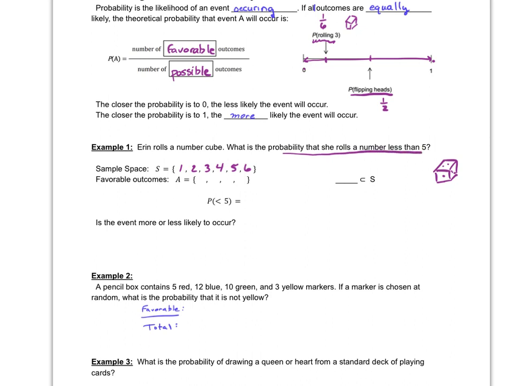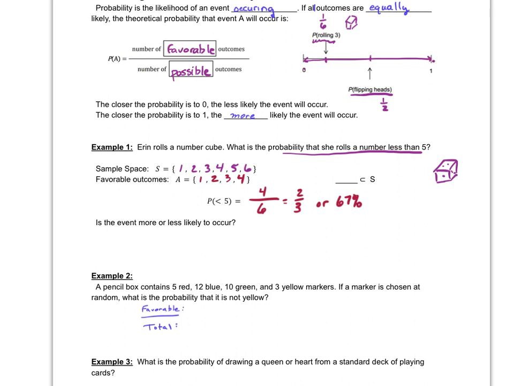The values less than 5 are 1, 2, 3, 4. Therefore the favorable outcomes are 4 over the possible outcomes of 6, which is 2/3 or approximately 67%. And since 67% is greater than 50%, it is in the more likely to occur category, because it is greater than 50% or closer to 1 than 0.